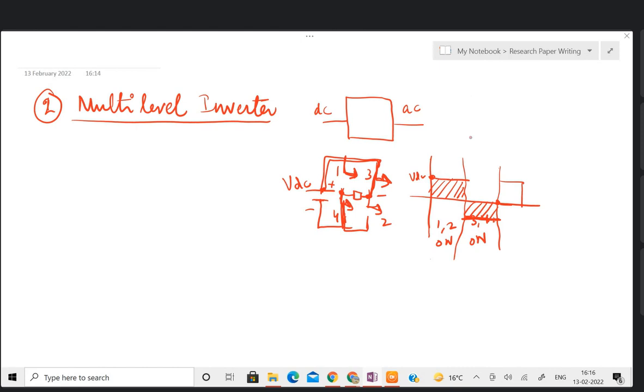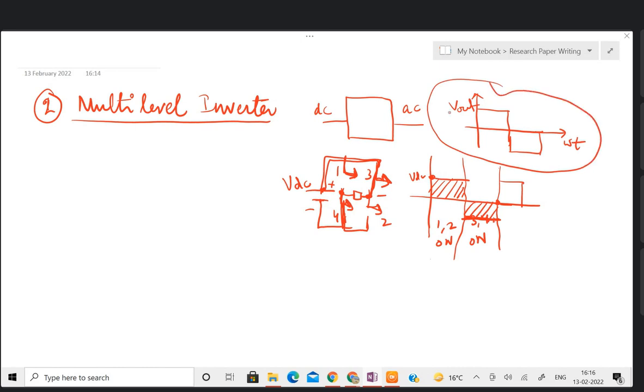But the problem with this inverter output is that it is a square wave output. If you try to see the harmonic profile of this waveform, it is very bad.